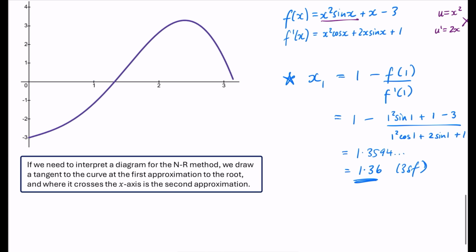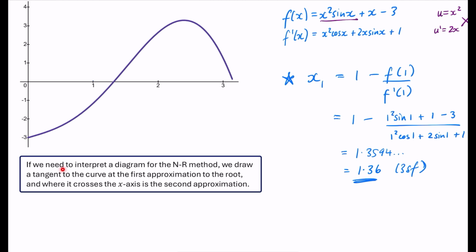And I just want to say, if we needed to interpret a diagram for the Newton-Raphson method, we draw a tangent to the curve at the first approximation to the root, and where it crosses the x-axis is the second approximation. So at 1 that we've got here, this is the point where x equals 1. If I was going to draw a tangent to that line, it should look something like this.